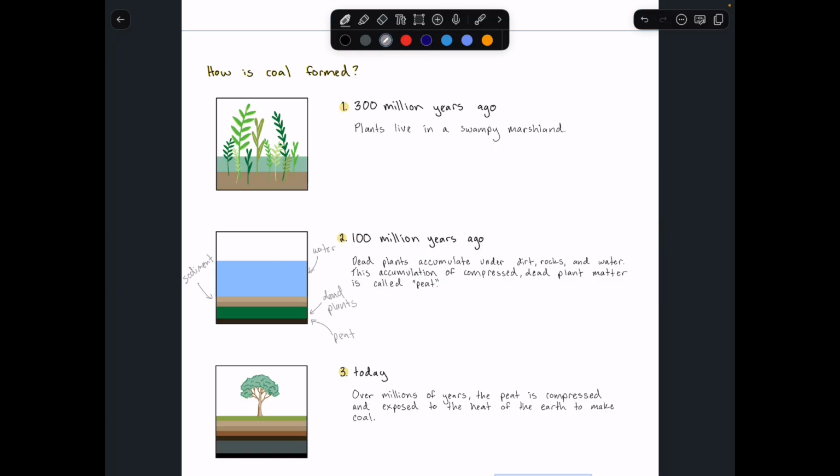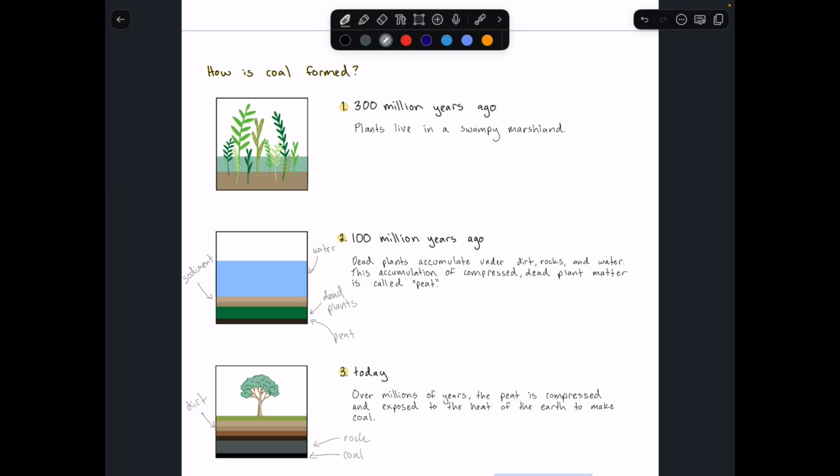And then if we come to today, here we see this black layer here is the coal. This dark gray layer here, that's the rocks above the coal. The brown layer is the dirt above, and then you can see a tree and grassland above it. And so today this coal is found packed underground under many layers of soil and rocks.